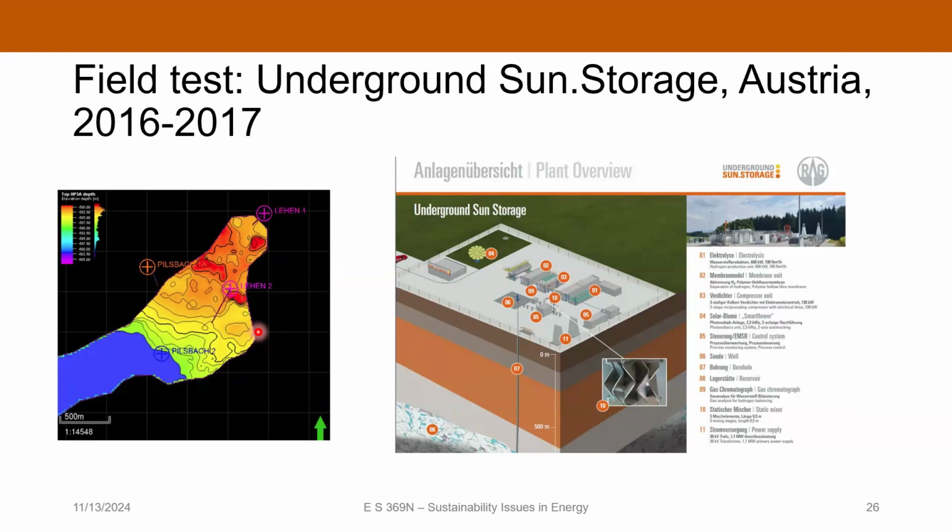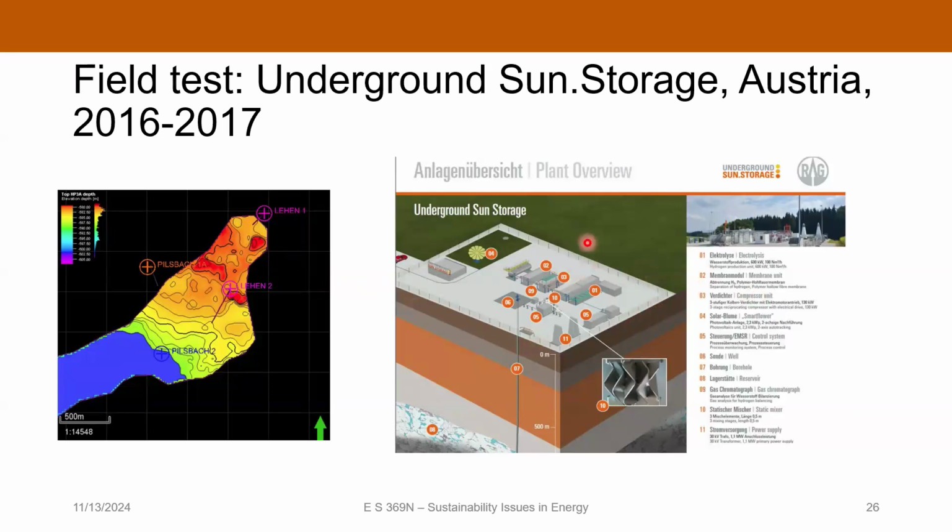This was a project in Austria that was done over the course of 2016 and 2017, where they injected hydrogen into a depleted gas field. So they've got a couple of wells, so 4 wells here. This is showing the map of the structure, showing that you've got this closure up dip here, which will trap the hydrogen.